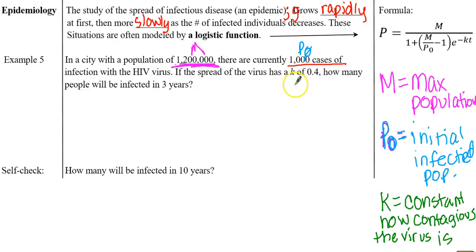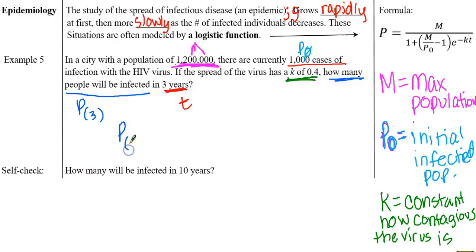At 0 seconds, there's 1,000 cases. Okay? Your k is 0.4, and 3 years is your time, right? And the question is, how many people will be infected? So that's going to be your P of 3, right? Your infected population at year 3. So let's write our equation.